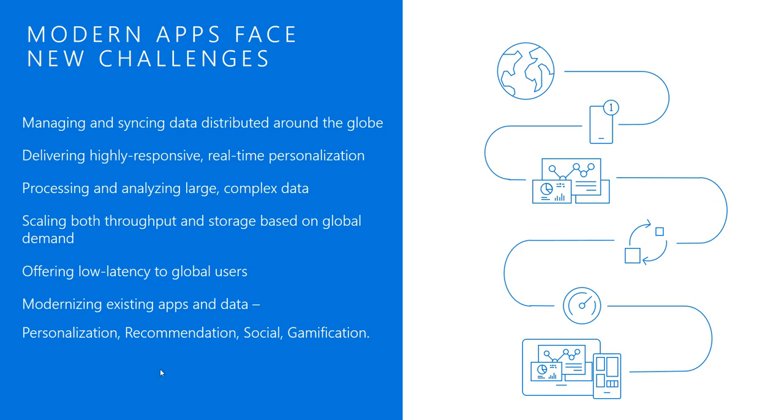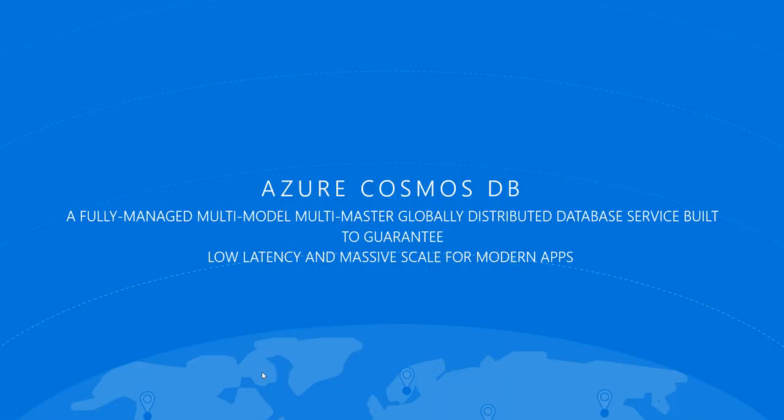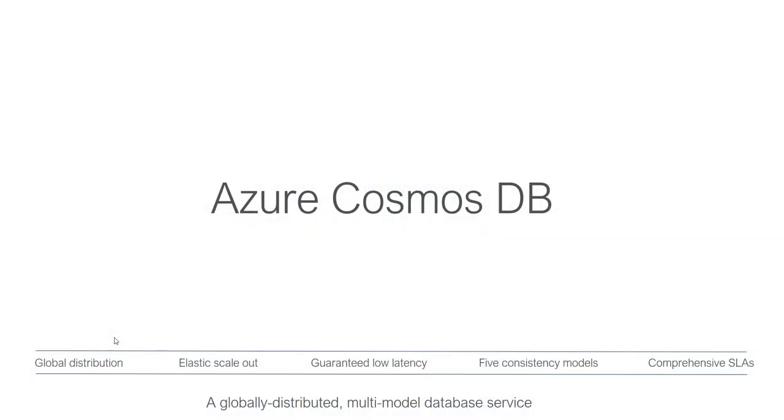In Microsoft, we were seeing these challenges for our own apps like Xbox, Skype, AD, and MSN, and we had to solve this problem for our own apps. And this brings us to Azure Cosmos DB. This is a fully managed, multi-model, multi-master, globally distributed database service for the low latency and high throughput demands of modern apps.